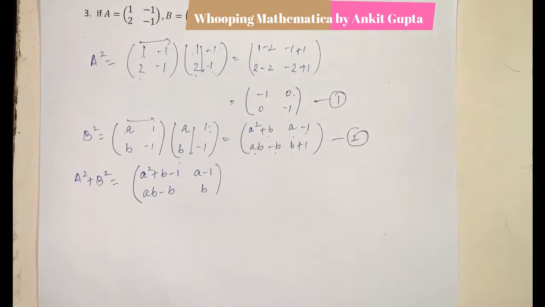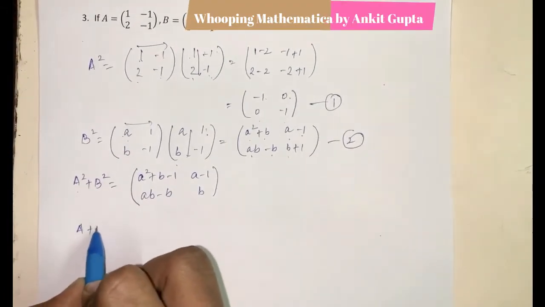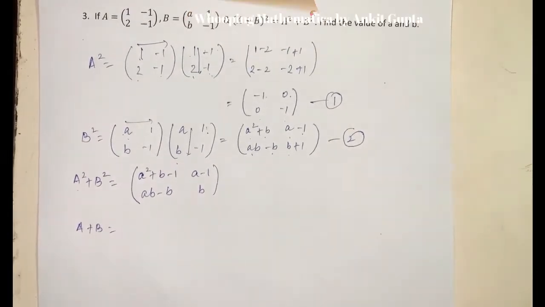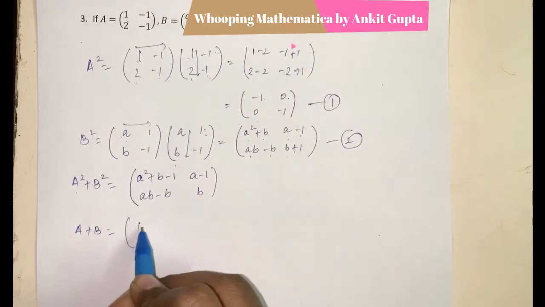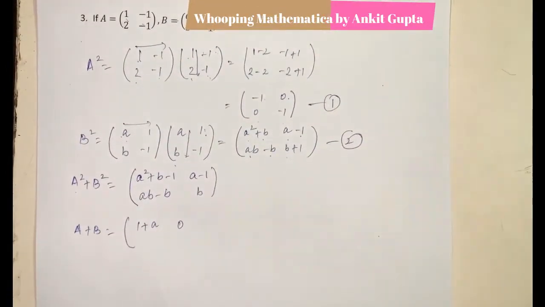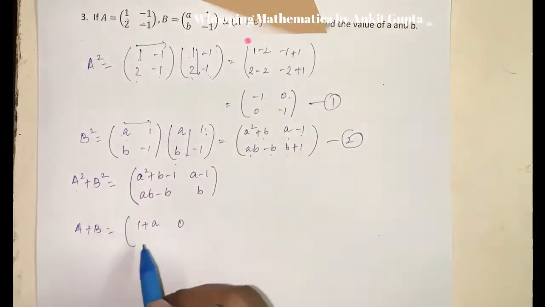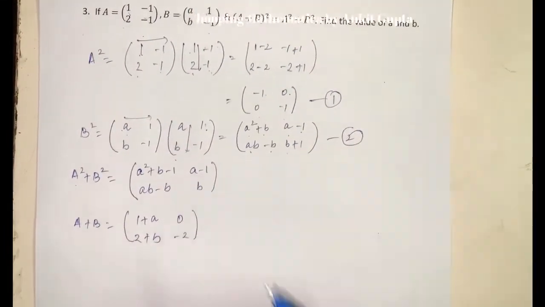Now we need to find (A plus B) whole square. For that, first we need to find A plus B. So A plus B will be 1 plus a, minus 1 plus 1 is 0, again 2 plus b, minus 1 will be minus 2.